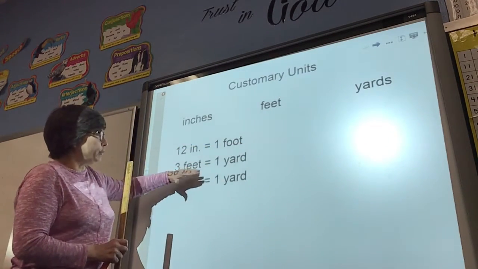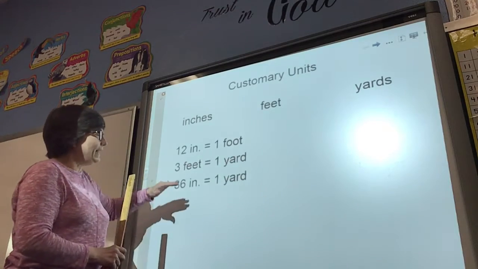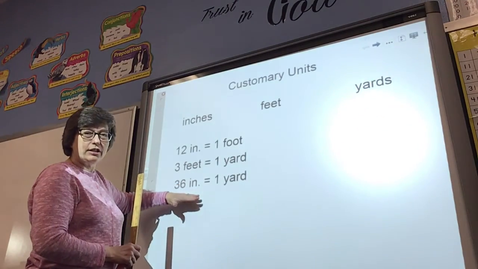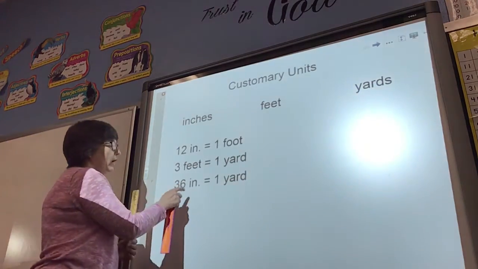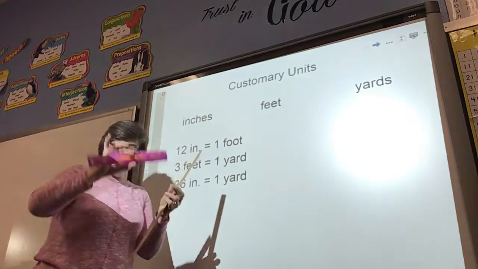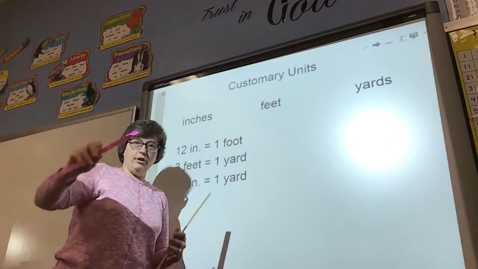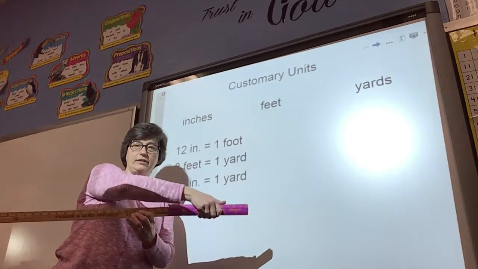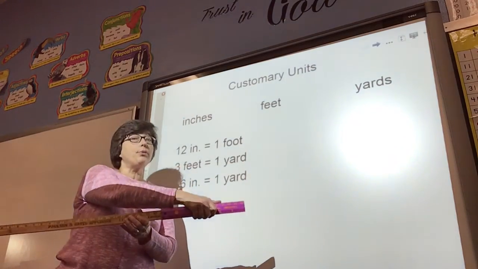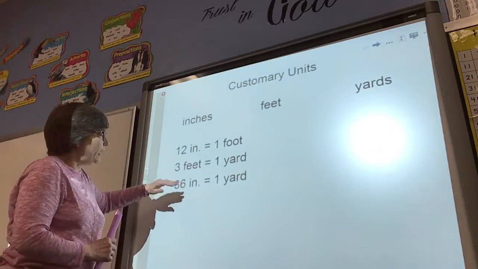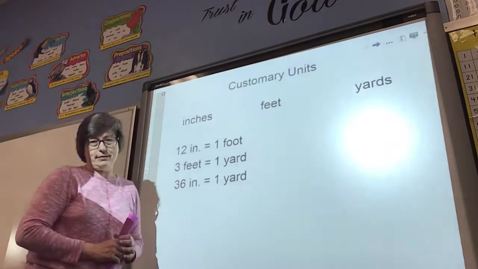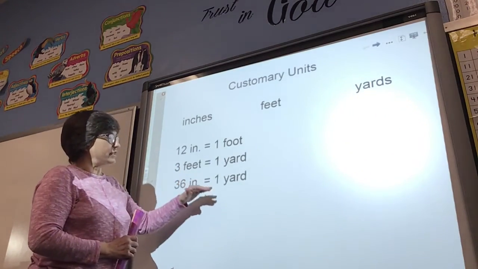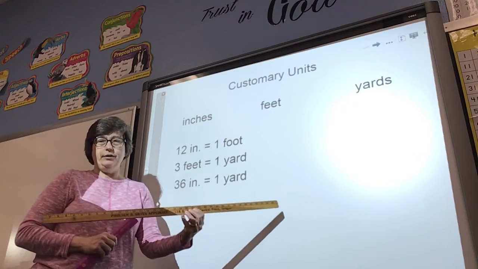So 3 feet equals 1 yard, and then if we're trying to figure out how many inches, there's 12 on this one, so it's like we say 12 plus 12 plus 12, or 3 groups of 12, and that would equal 36. So 36 inches equals 1 yard.